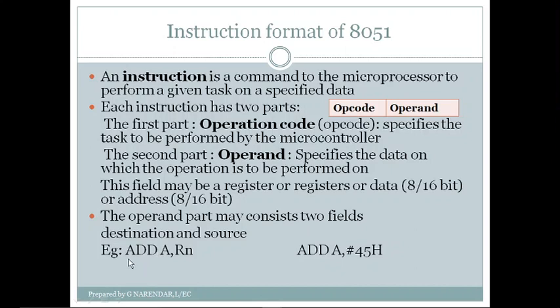One is called opcode part and another is called operand part. So this ADD, the mnemonic, is the opcode part of the instruction. And what does the opcode part have to specify? Opcode part has to specify the task or the operation to be performed. So what this ADD is specifying to the microcontroller is that the operation to be performed is addition.